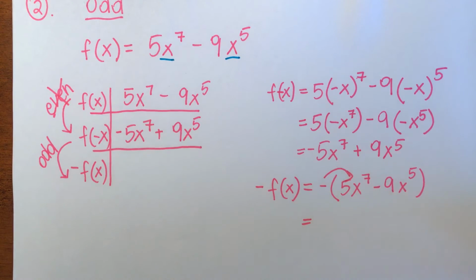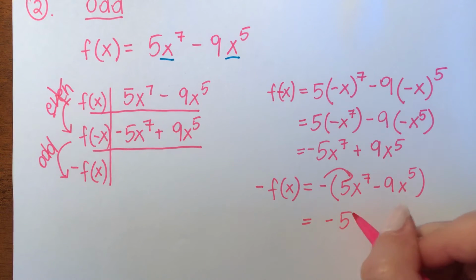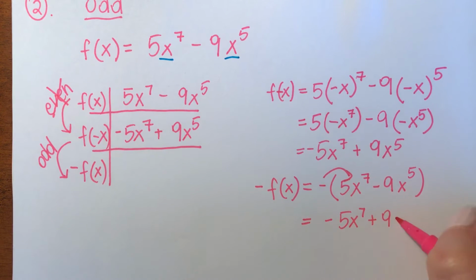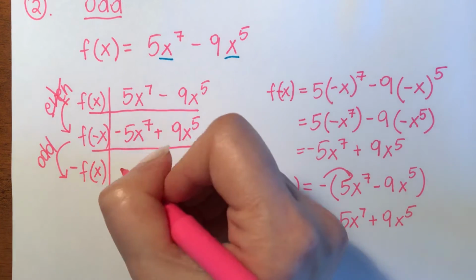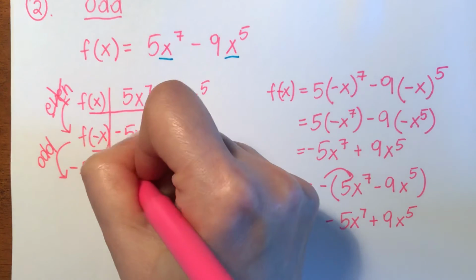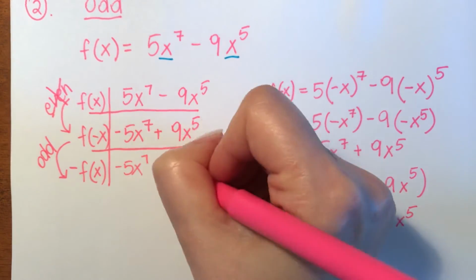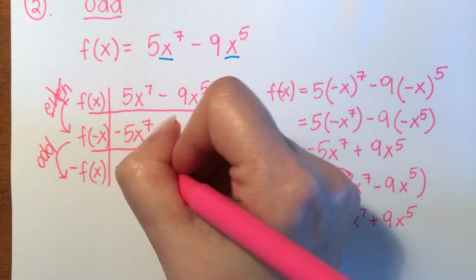So you get negative 5x to the 7th. Negative times negative 9x to the 5th is positive 9x to the 5th. And that's my answer: negative 5x to the 7th plus 9x to the 5th.